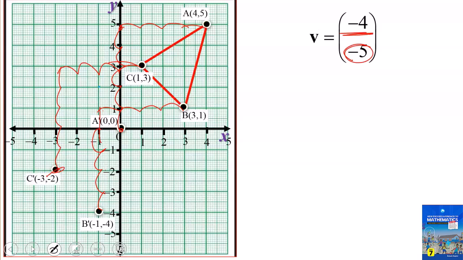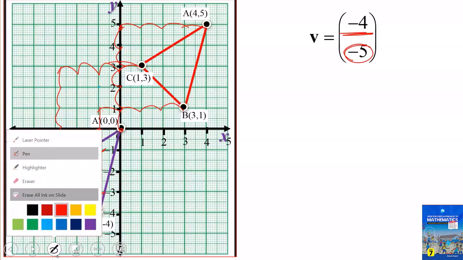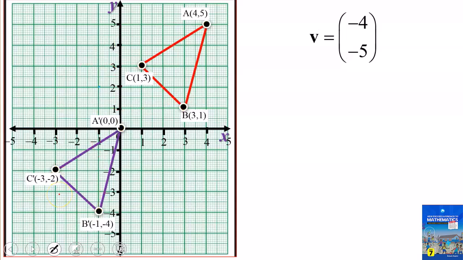Now, when we join these 3 points together, it is as if we are shifting the original object downwards. We are sliding it downwards. And so anytime you finish plotting a point under translation, it looks as if the original object has been pushed.